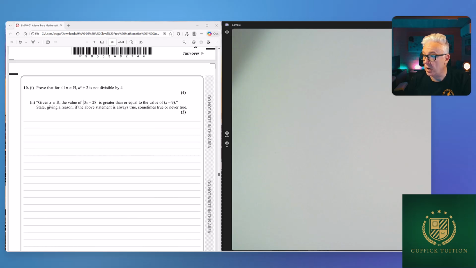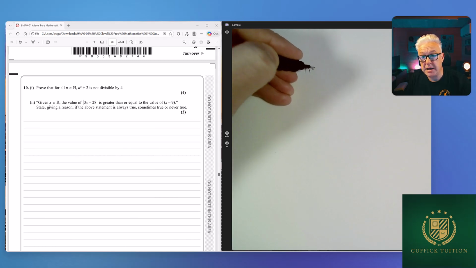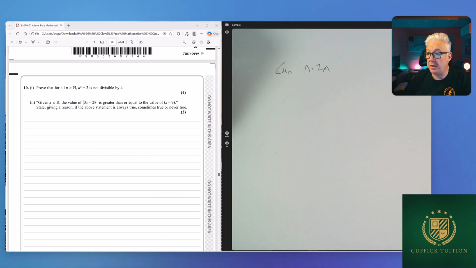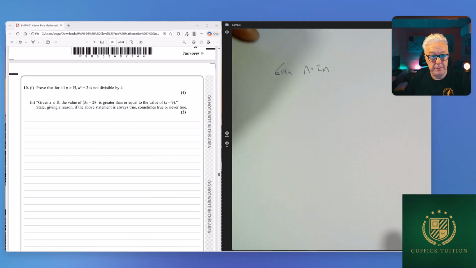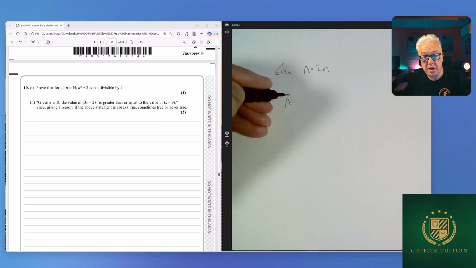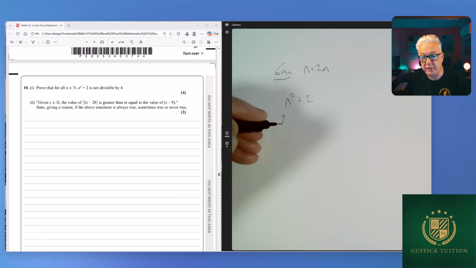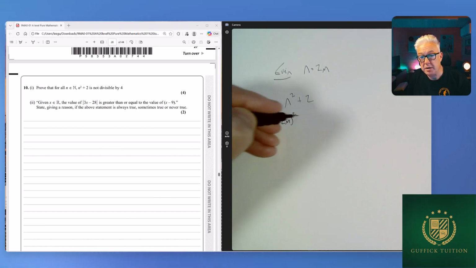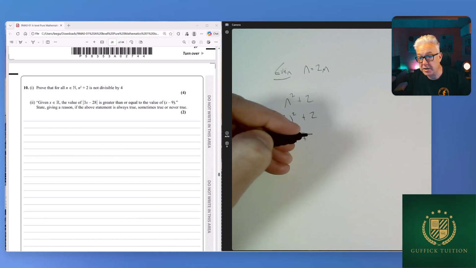For the odd-even approach, an even number can be written as n equals 2 times m. So that's going to be my approach. Then I'm going to think about the implication of that for my expression. n squared add 2, for even numbers, is therefore 2m squared plus 2, which is 4m squared add 2.